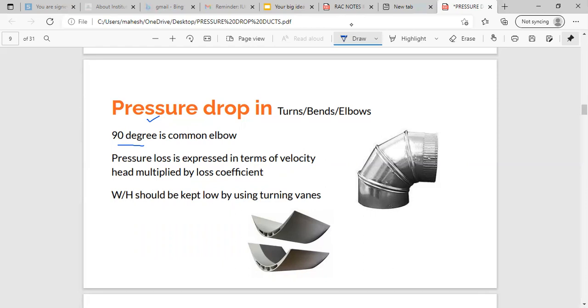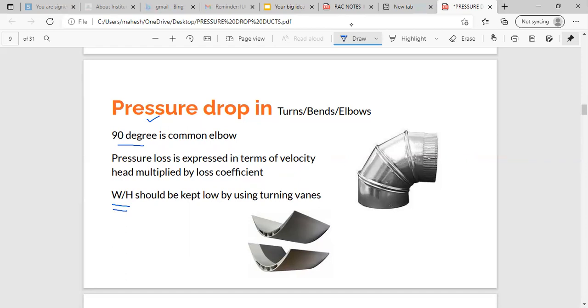The pressure losses can be determined for the circular cross section as well as for the rectangular cross section. For the rectangular cross section, the aspect ratio W by H, which describes the geometry of the rectangular cross section, decides the pressure drop.